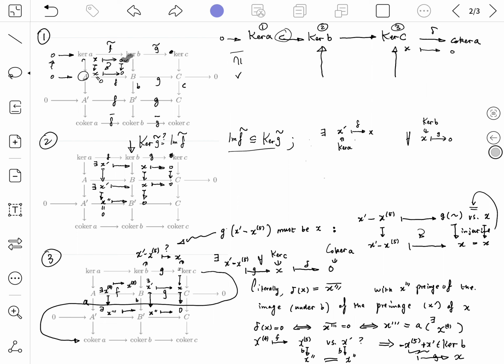Let's look again at this diagram. You start with your small element x in kernel B. By definition of kernel B, if you map it vertically, x maps to 0. But we now assume that this small element x in kernel B is also mapped under g tilde to 0.